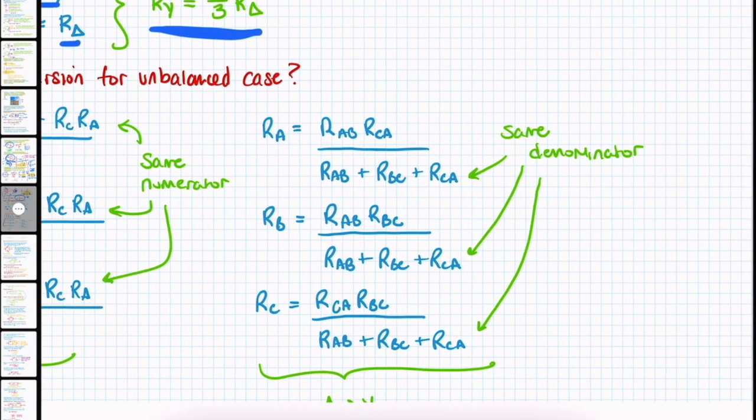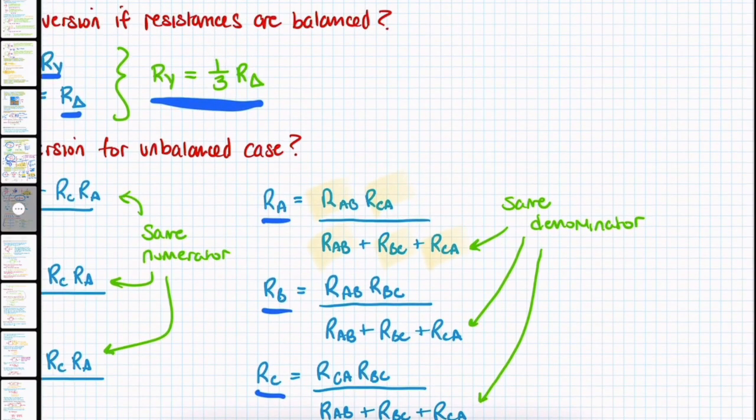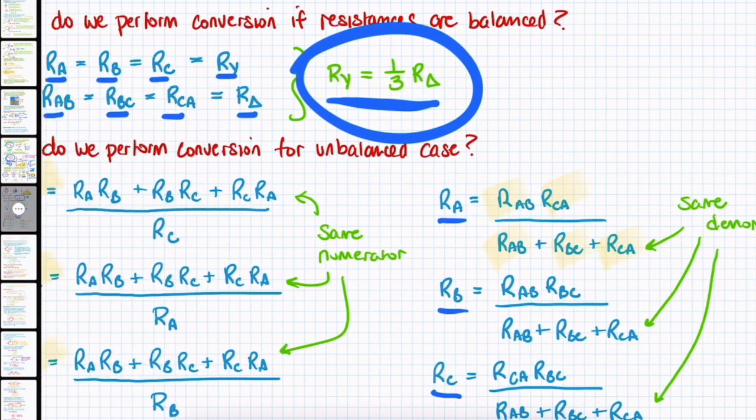Over here we have the Delta-to-Wye conversion, where now it's in terms of RAB, RBC, RCA, although you can see it's repeated. And essentially you put the unbalanced terms in and you would get three different values. You can use this for the balanced case if you wish. It's a longer way, as compared to this equation above, but it will still generate the same value.